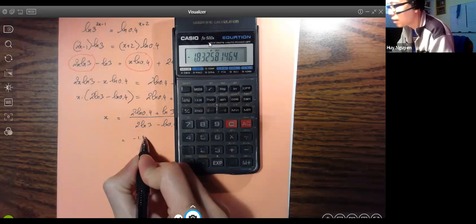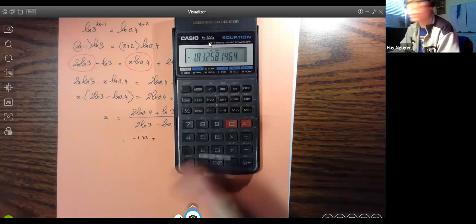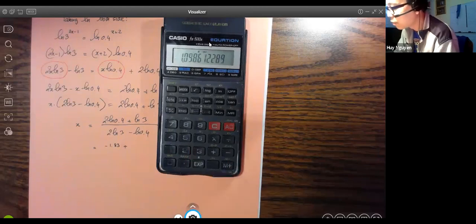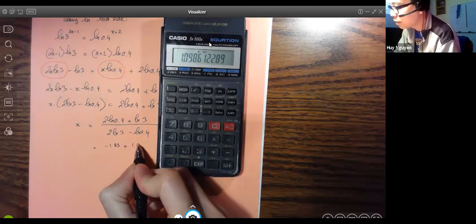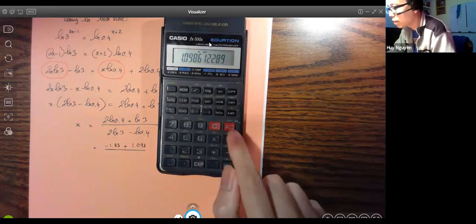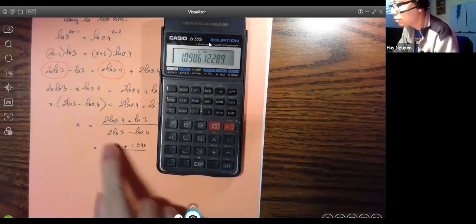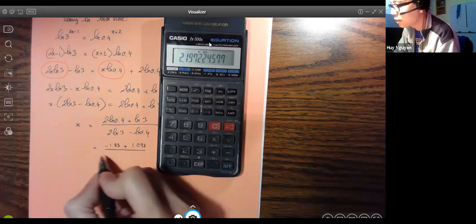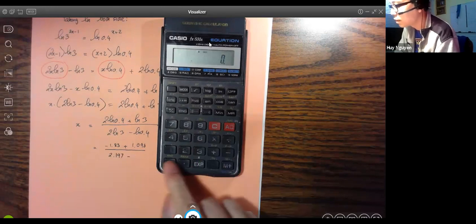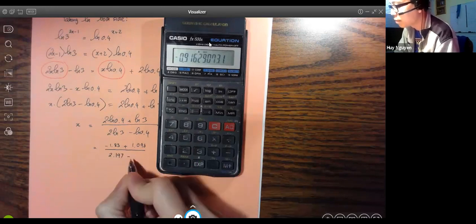Now plus ln3. So 3 ln gives 1.098. Divided by ln3 multiplied by 2, 2.97, minus ln.4, negative, so it becomes positive.